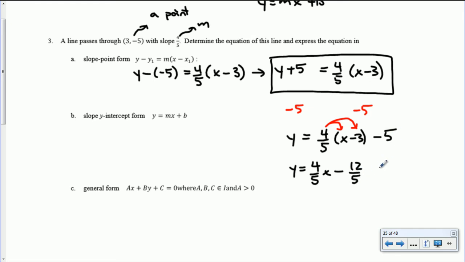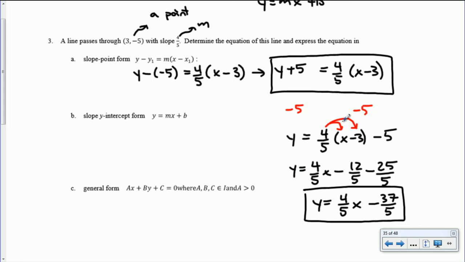Now if I'm going to be subtracting 5 from this, it would be helpful to have a common denominator. So -5 would be equivalent to -25 over 5. Right, so now they have the same denominator. -12 subtract 25 will be -37. Okay, so y equals 4/5 x minus 37/5. So that is, hopefully you got a little more space than I do here.